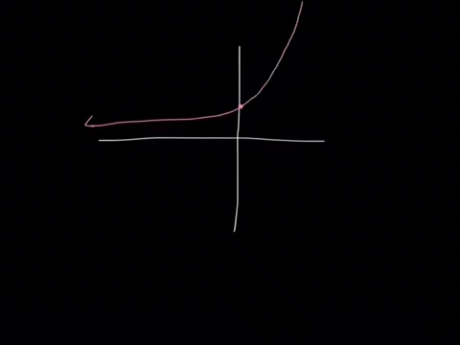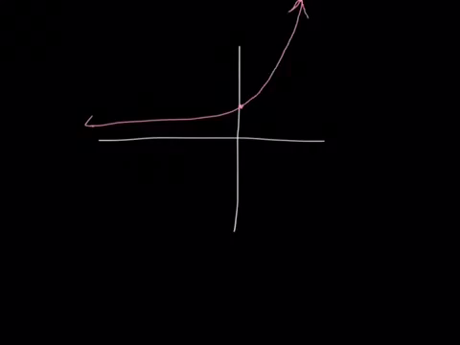So my function looks like that. It very quickly goes bigger and bigger. Remember, it was 2, 4, and then 8. Then the next ones after that will be 16, 32, 64, and so forth. So this, roughly, is what my graph looks like, this being my x-axis and this one my y-axis.